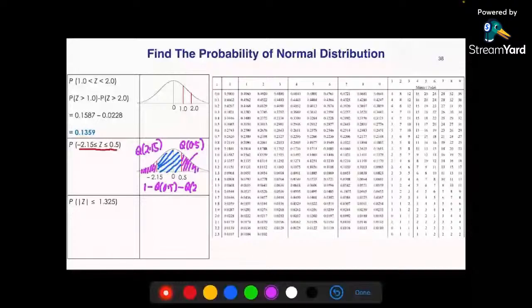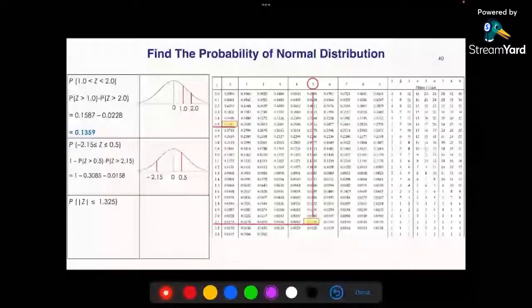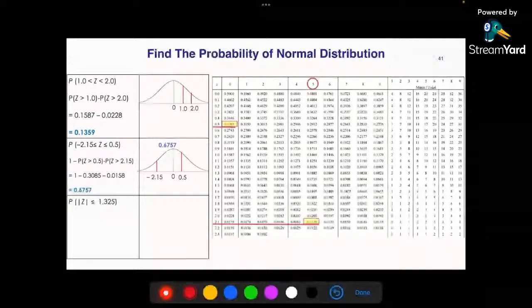Okay, so kita buat, okay, this one 0.5 adalah this one. The yellow one, the value dia adalah 0.3085. Untuk yang ini pula 0.0158. So kita tolak je, you akan dapat the value here adalah 0.6757.